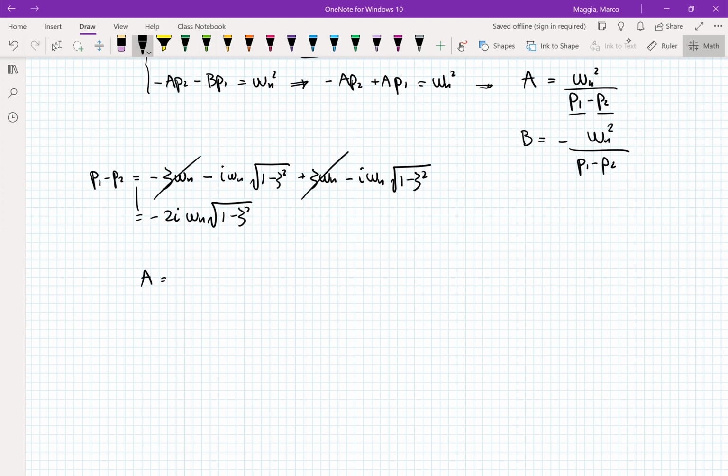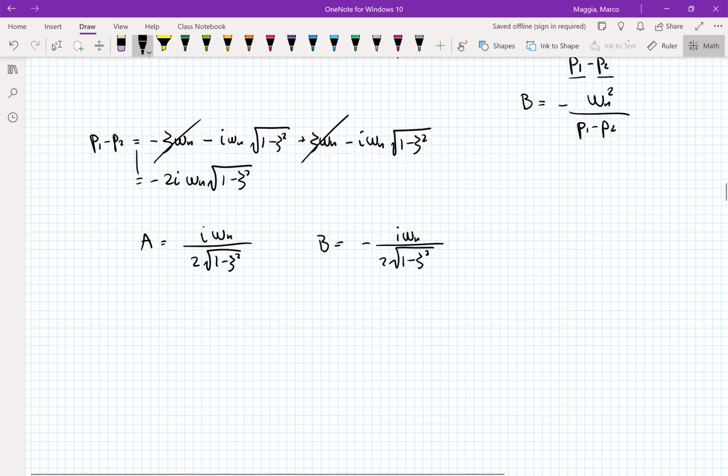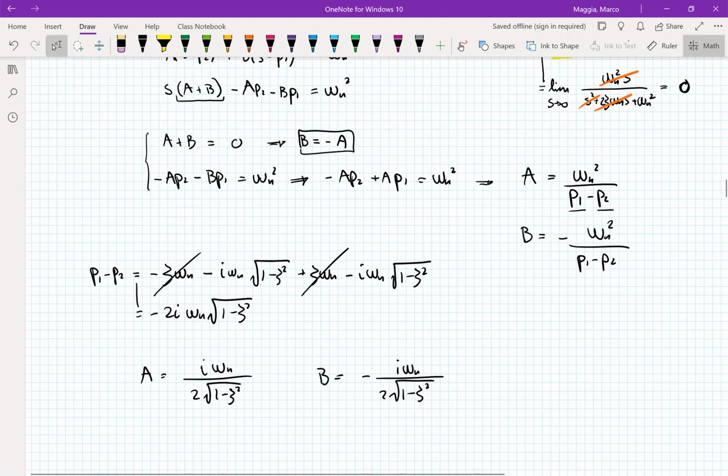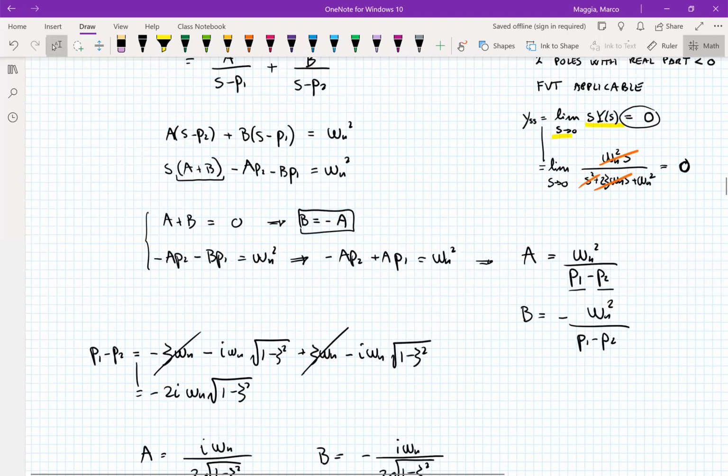So a is equal to I omega n over 2 square root of 1 minus zeta squared, and b is just the opposite of it. Okay, so now we're ready to perform the Laplace inverse transform.